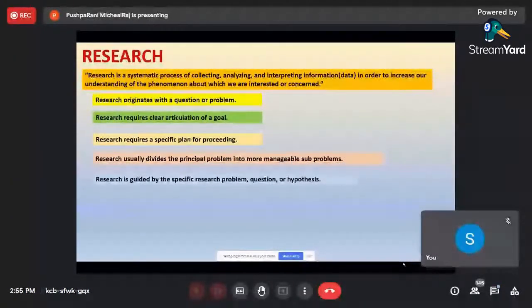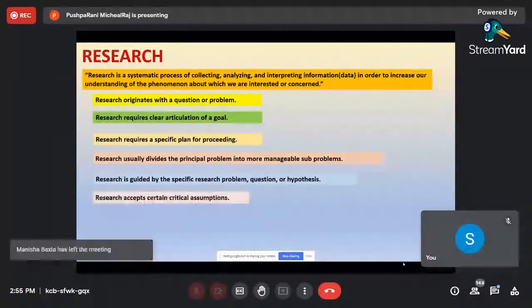And research accepts certain critical assumptions. So you have a critical visualization of your question. Your questions will address those critical assumptions and answers.